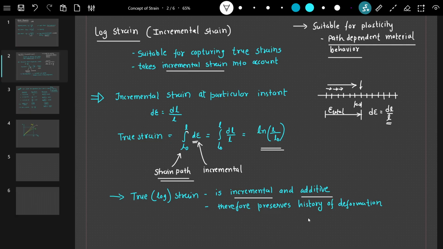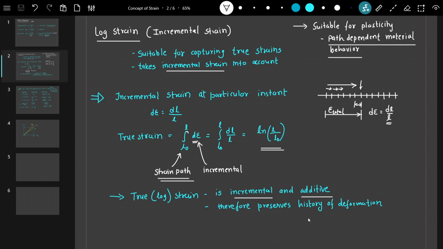Because we know that plasticity materials, unlike elastic materials which are reversible, are irreversible. For example, if we deform a particular structure to some length, some plastic strains might be generated, and the component or structure undergoes permanent deformation.